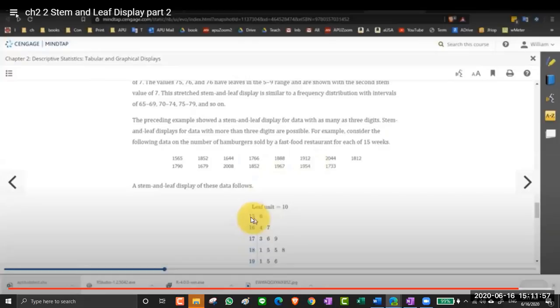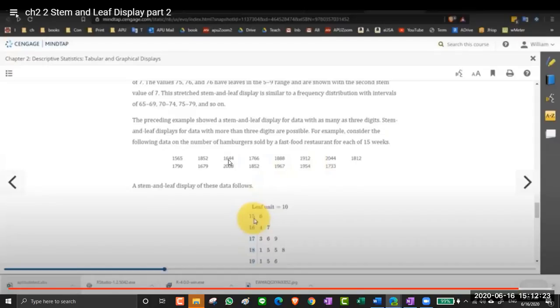And in the 1500s, we have a case of 1560, which is this one. Actually, it's 1565, but we only write it as 1560. Okay? And then here, what does this 4 stand for? 1640. So 1640, where's 1640?